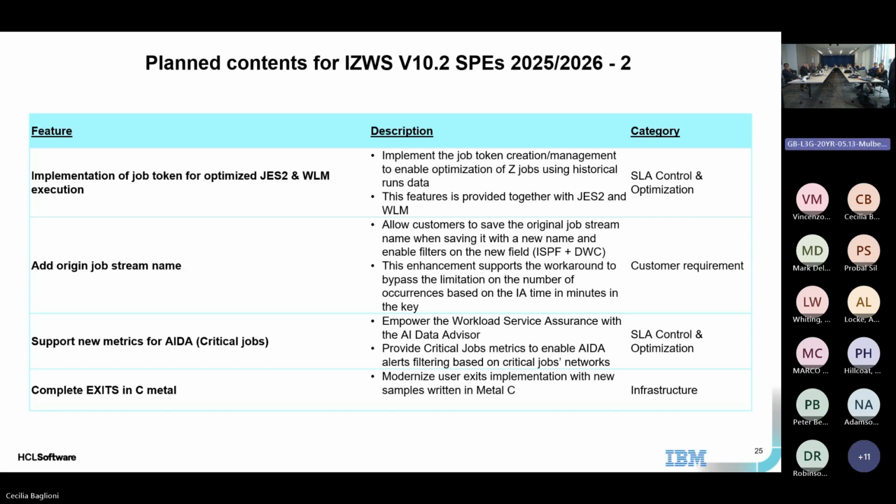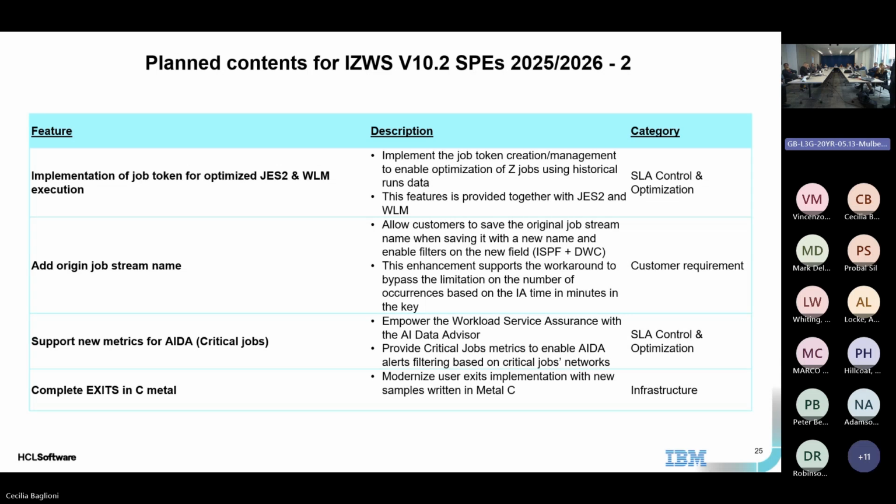We want to complete the samples that we provide for the exits in Metal C. That's for customers who don't have assembler skills anymore, and they want to use our standard exits, but using Metal C code instead of assembler.